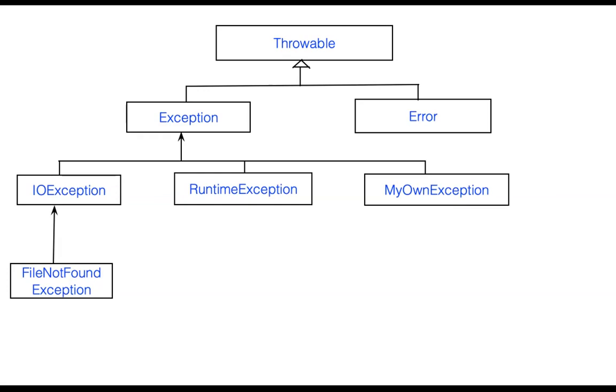In the RuntimeException, we have several very useful ones. One is called NullPointerException. Another one is called IllegalArgumentException. For null pointer, you declare a variable, but you don't create any instance for that variable.